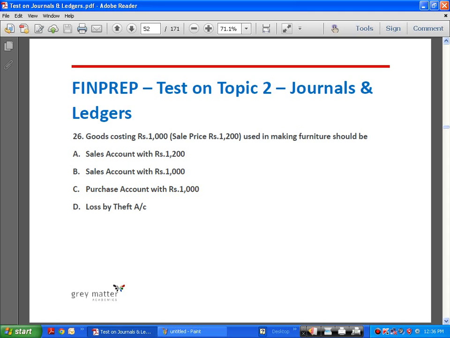Next question, question number 26. Goods costing 1,000 rupees, having a sale price of 1,200 rupees, used in making furniture should be, right. So goods costing 1,000 rupees, having a sale price of 1,200 rupees, have been used in making furniture.